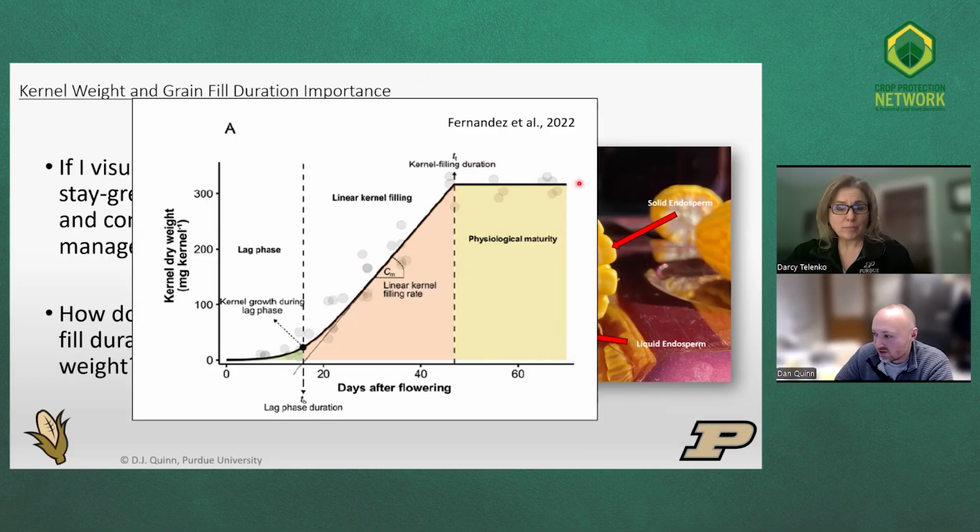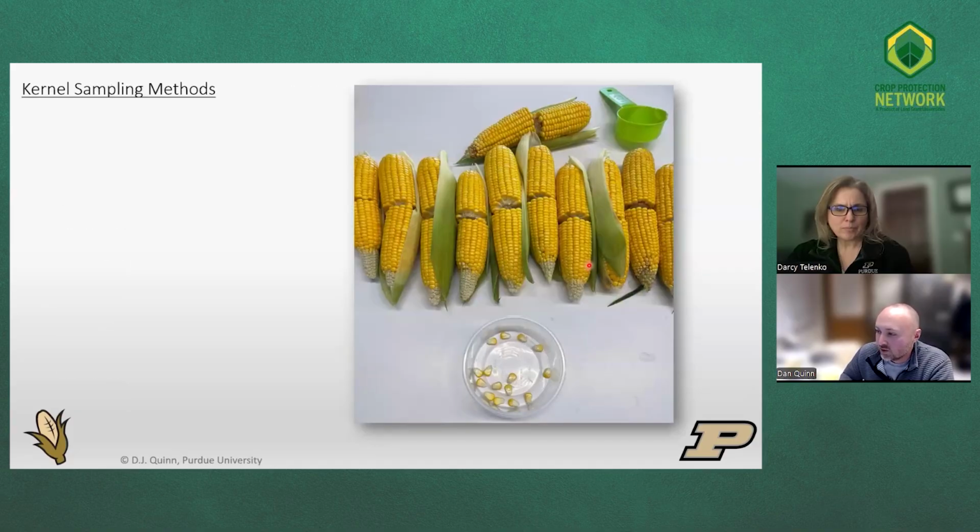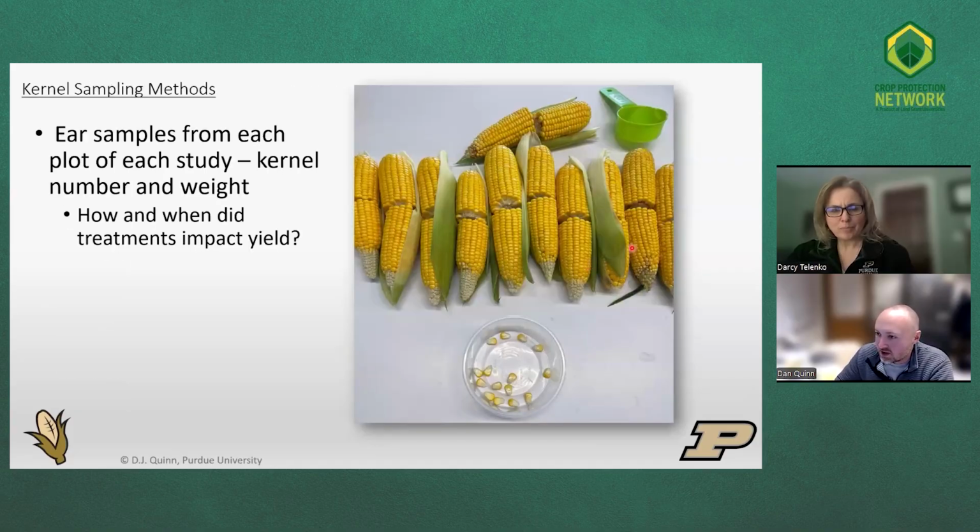So a lot of the research and data I'll show is just understanding, if we are able to control foliar disease, maybe have a little bit healthier plant later in the season, how does that impact this overall trend or this overall process, right? How does it impact both the duration period, but also the maximum kernel dry weight in corn as well?